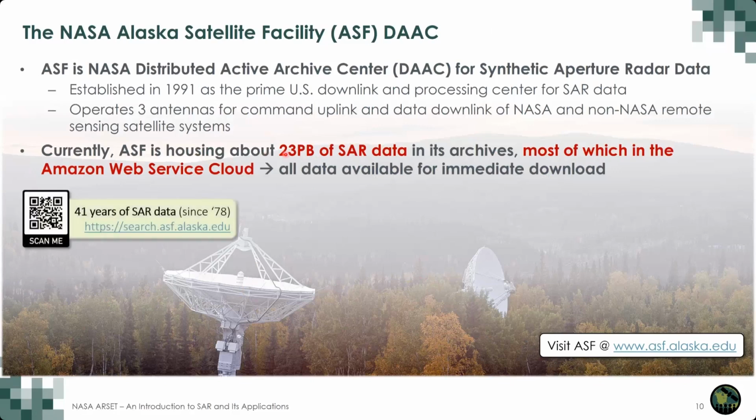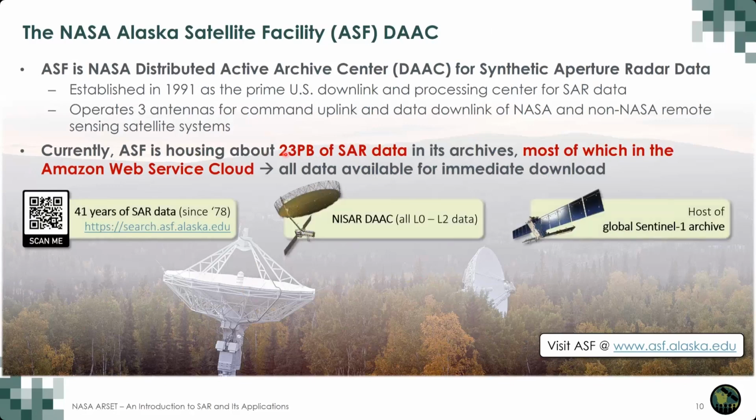ASF has probably been known to you for a couple of reasons. One of them is we are a host of a copy of the Global Sentinel-1 archive. So we're working with the European Space Agency to provide access to this valuable resource, Sentinel-1, which is a C-band SAR system that was launched by the European Space Agency and is maintained by ESA for the benefit of the community.